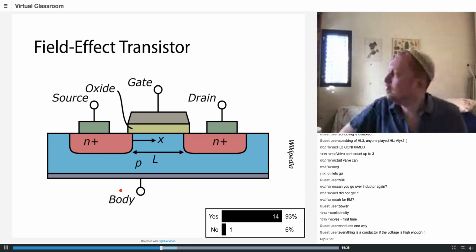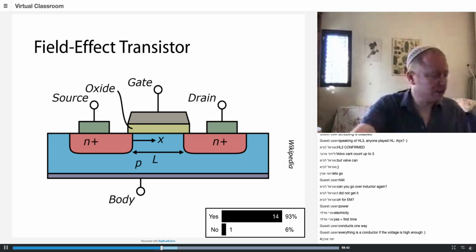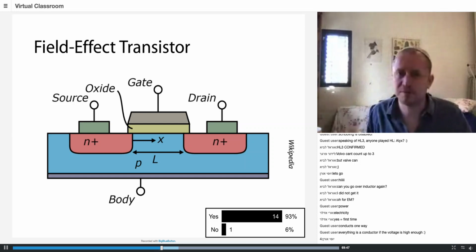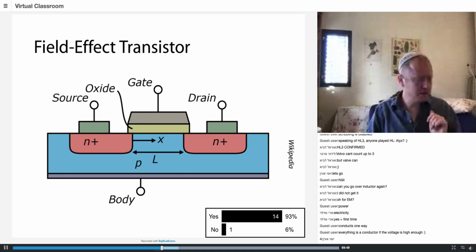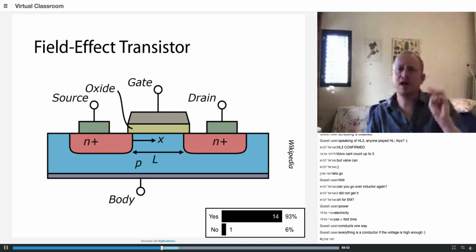Now, there are 2 materials which are molecularly very similar to silicon, and they are boron and phosphorus. Boron is very similar to silicon, but in its top valence level, instead of 4 electrons, it only has 3.